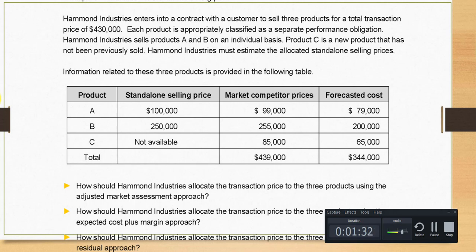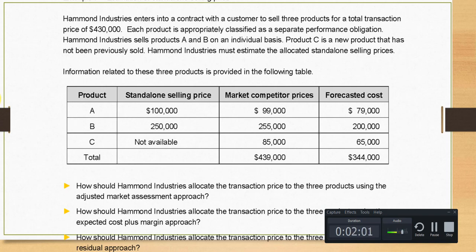So in this case, with Hammond Industries, we have a total transaction price of $430,000. We know what the 3 performance obligations are, A, B, and C. C is a new product which has not previously been sold, so that one's going to be the hardest to come up with a standalone price.